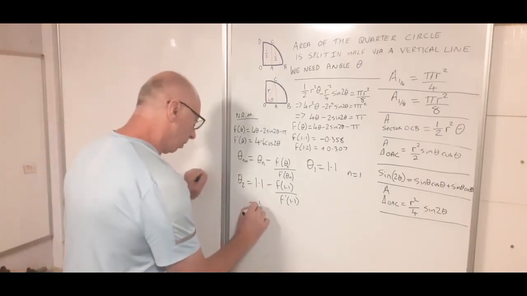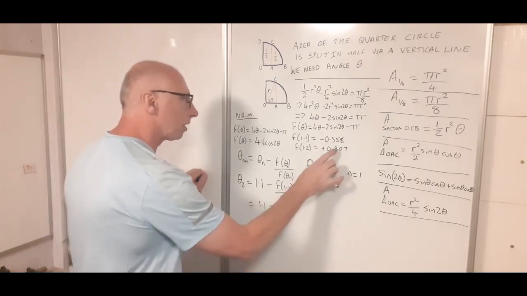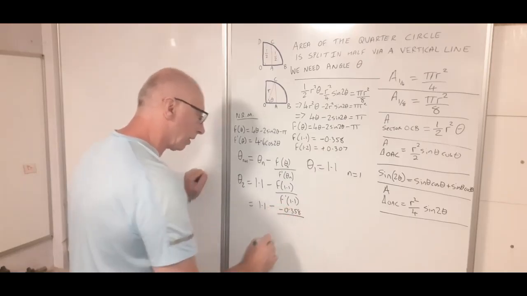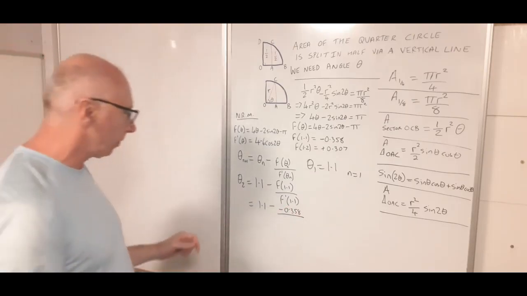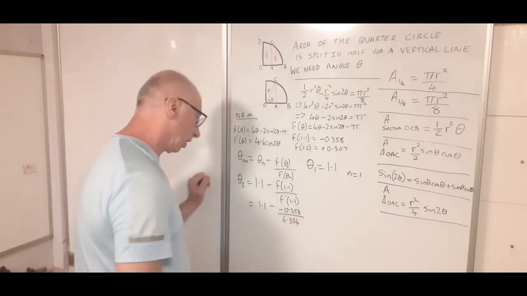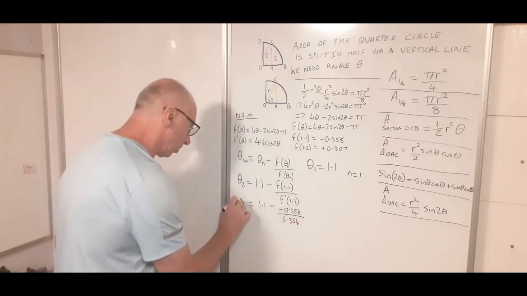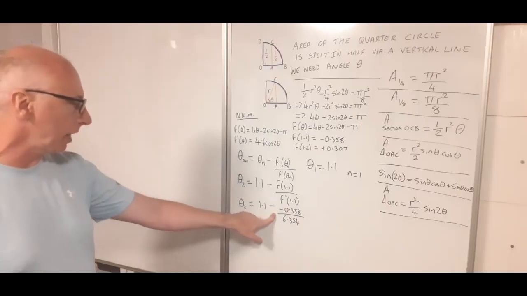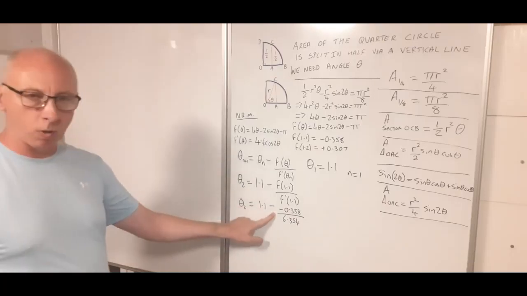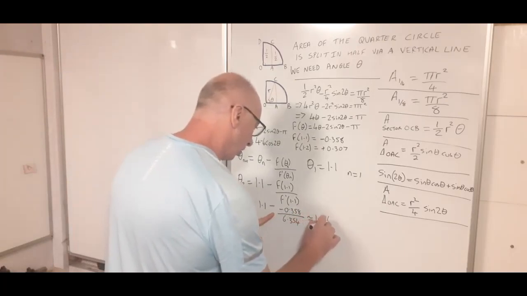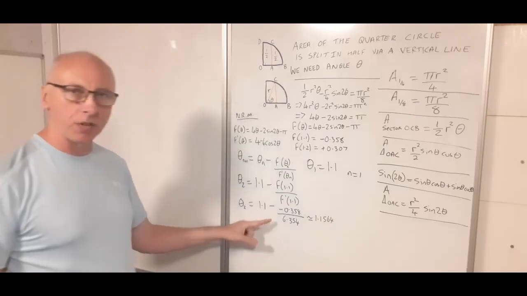So I get 1.1 minus minus 0.358 divided by 6.354, and that gives me theta 2. If I plug that into my calculator, I get approximately 1.1564, and that would be my first iteration.